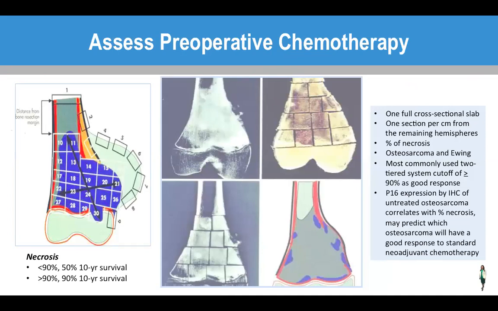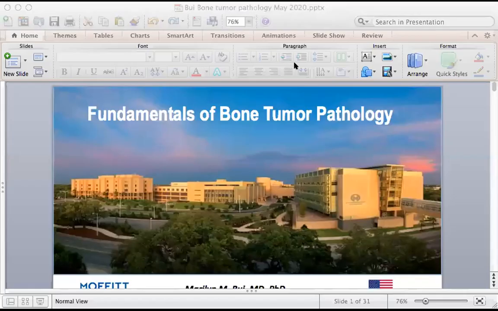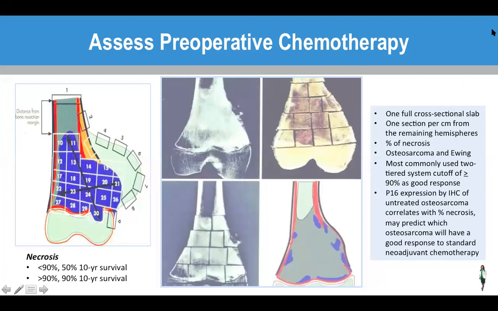So let's talk about what pathologists do to evaluate tumors like osteosarcoma, chondrosarcoma, or Ewing sarcoma after chemotherapy. We need to examine the entire tumor blocks to evaluate the percentage of necrosis and viable tumor cells.